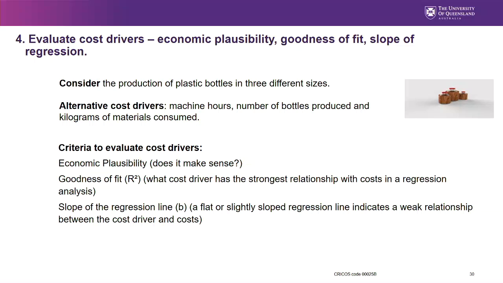So we evaluate the different potential drivers based on their economic plausibility. We can do a regression analysis with the different drivers as our activity, and work out which has the best R-squared, or look at the different regression lines and see which activity is actually causing our costs to change over time.